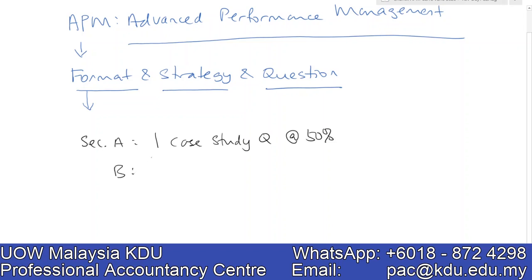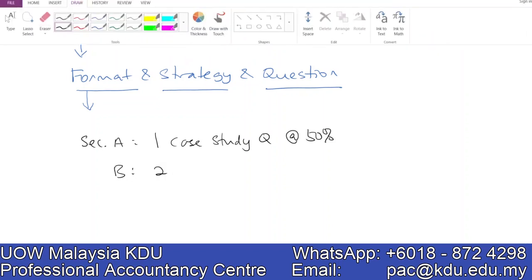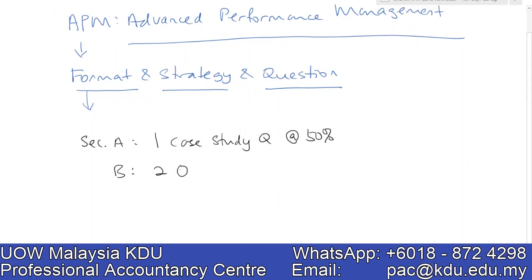Section B, you will have 2 questions with 25 marks each, and for 2 questions, that comes to 50 marks.